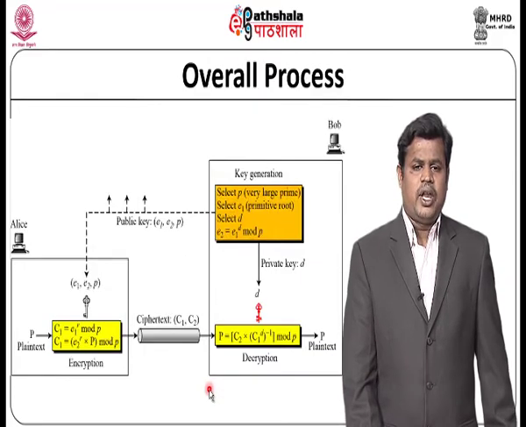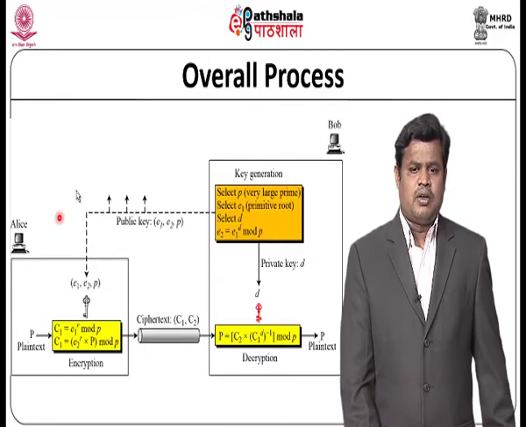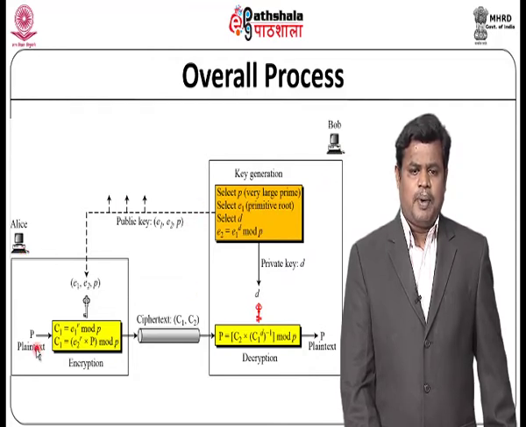So, now we are looking into the overall process of this particular algorithm. Suppose there are 2 users, Alice and Bob, and they want to exchange some information, that is P, the plaintext. Alice wants to send this message confidentially to Bob.